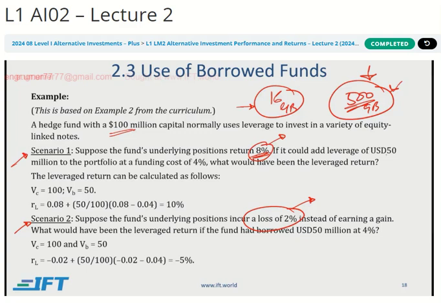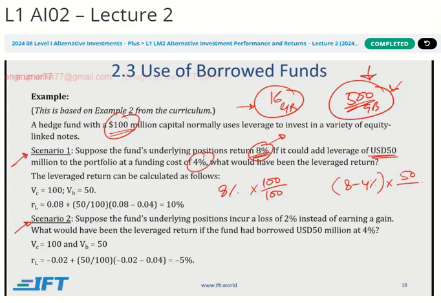Now, how much leverage are they taking? 50 over 100, right? So they're basically taking 50 over 100, or 1 over 2, amount of leverage. Now, what is their return? The return is 8% on that 100 over 100, and it is going to be 8 minus 4%. Why minus 4? Because the cost of that money is 4%. Obviously, whoever you're getting it from will need interest on that.